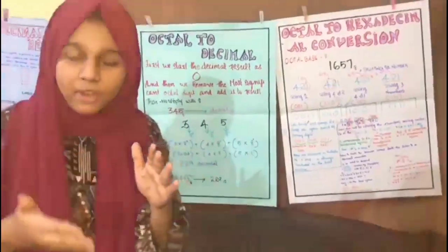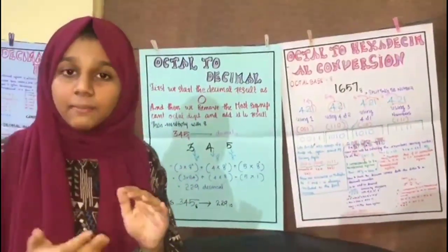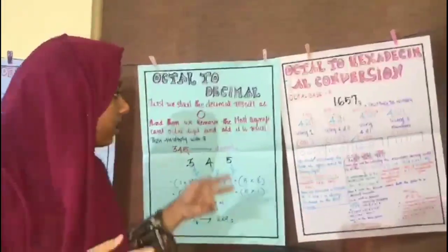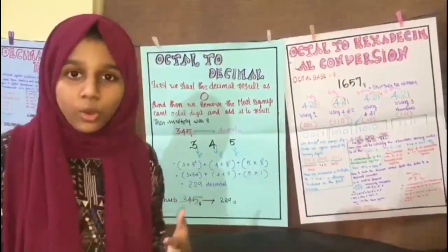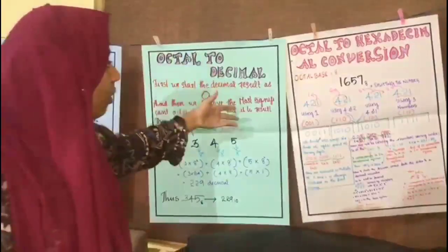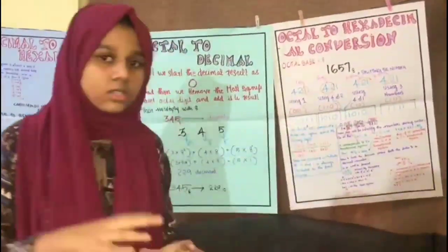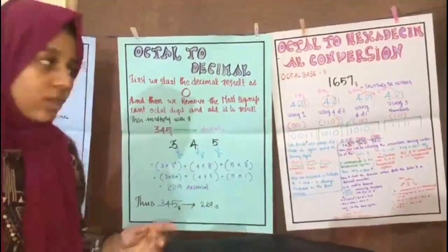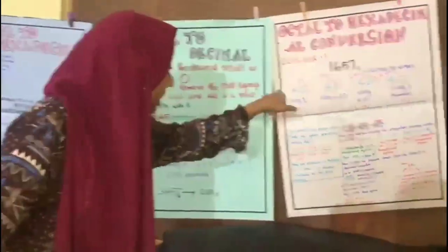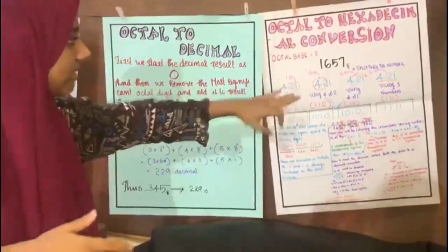The base number of binary is 2, so we take values related to 2: 4, 2 and 1. So 4, 2, 1 for each digit, like that we take.